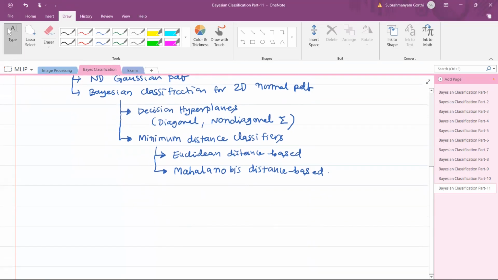So as a sixth topic, which we will be covering in this and the next few classes, that will be estimation of unknown probability density functions, unknown PDFs.